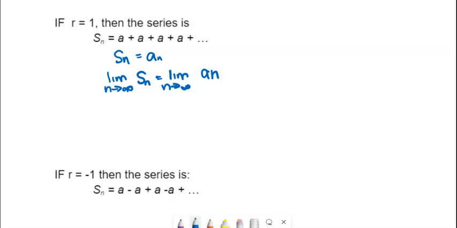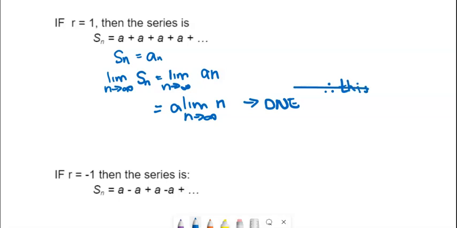Because this is just the same number over and over again, I know from my limit rules that I can move this a out front. So I'm just looking at the limit of n as n approaches infinity. Well, I know that that does not exist. So therefore this series does not have a sum either.